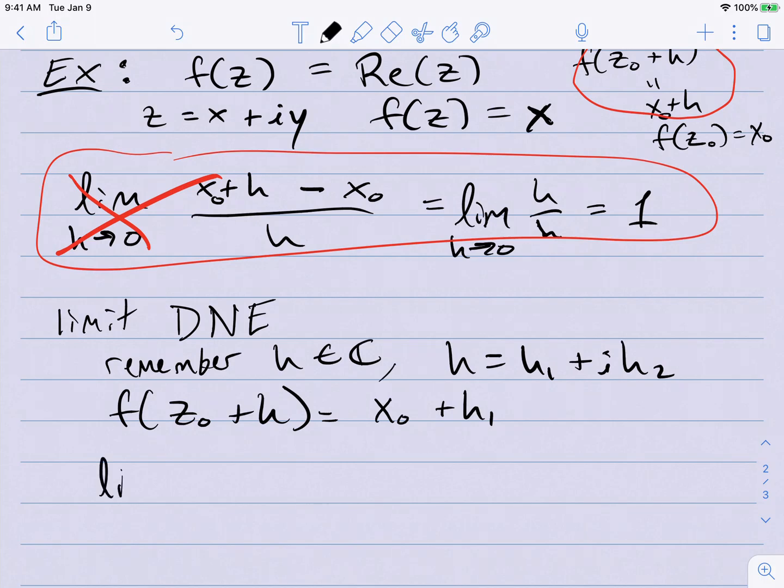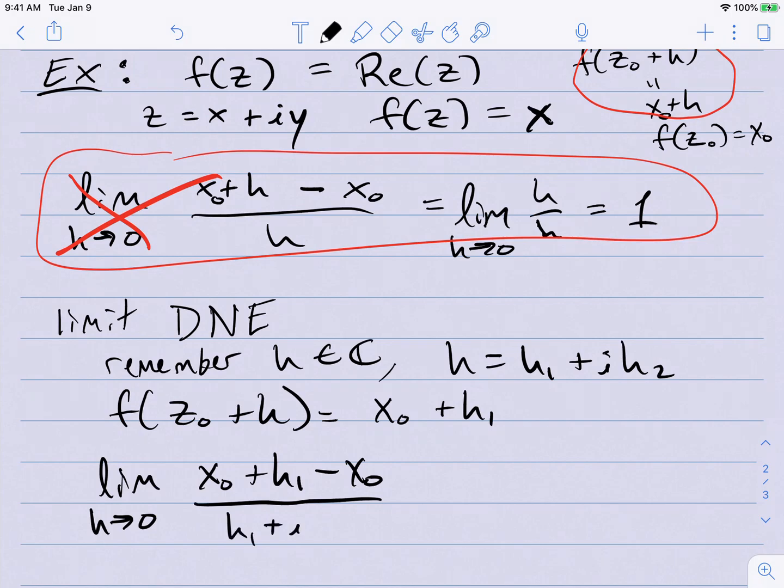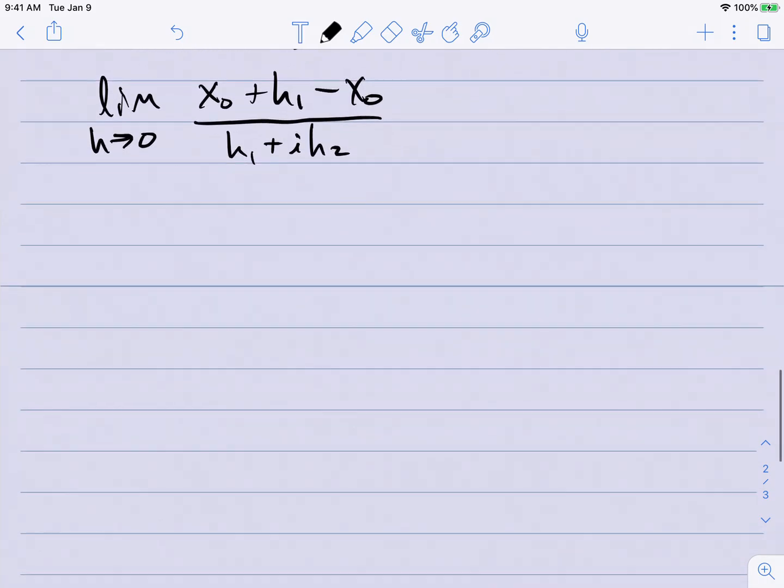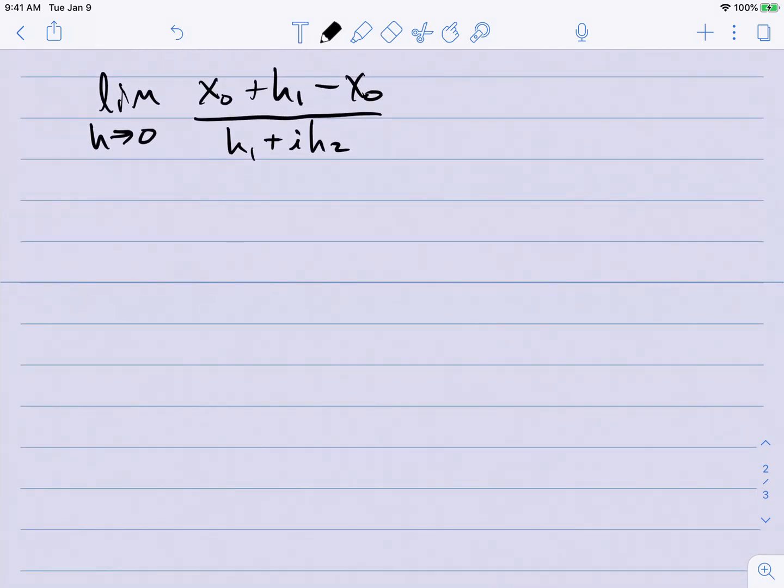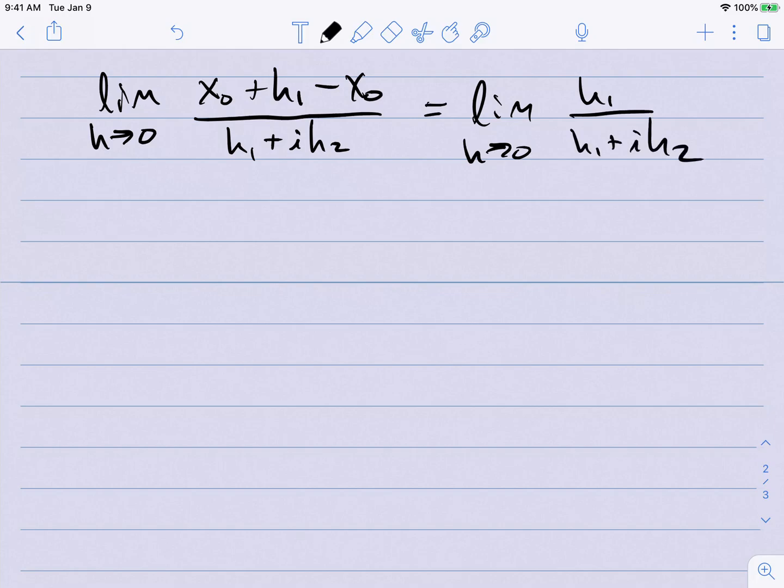So now let's look at this limit here. So we're looking at the limit as h goes to 0 of x0 plus the real part of h, which is just h1, minus x0, divided by all of h. So all of h is h1 plus, it's the real and the imaginary part, h1 plus ih2. So we can simplify the top still. The x0's cancel. So this is just the limit, h goes to 0, h1 over h1 plus ih2. And let's try to simplify this.